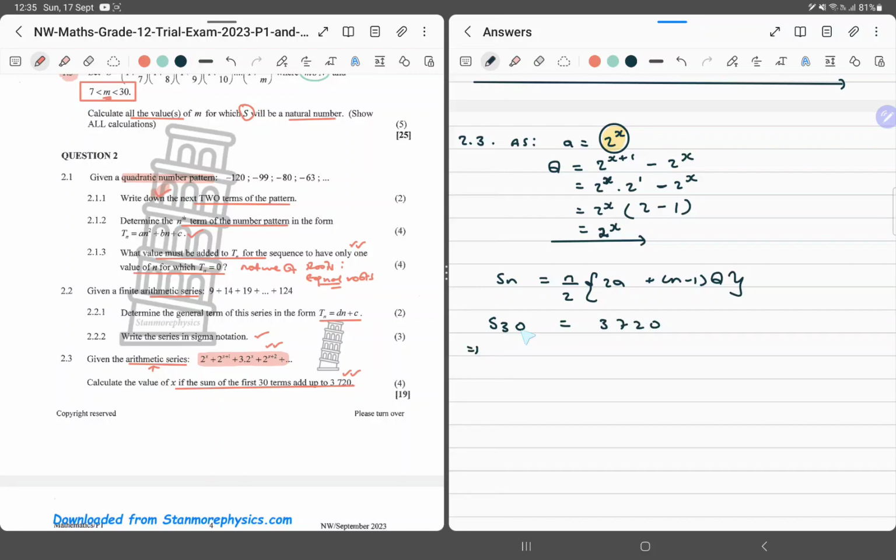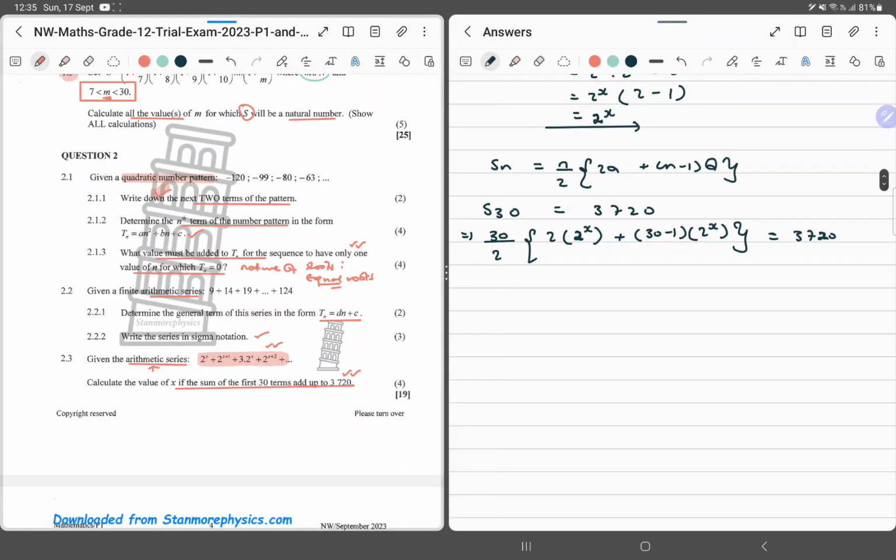Now, in the part of S30, we know that we're going to have 30. We're substituting into that formula 30 over 2 into 2 times a, which was 2 to the exponent x, plus n. So n is 30 again. So this is 30 minus 1 times d. We found that to be 2 to the exponent x as well. This is equal to 3720. Okay.